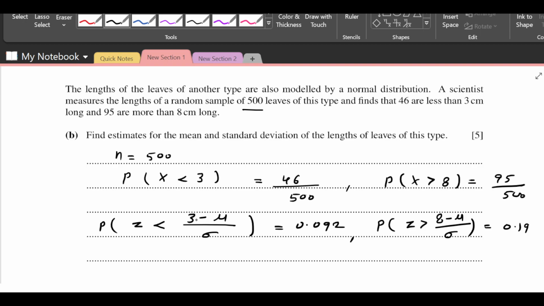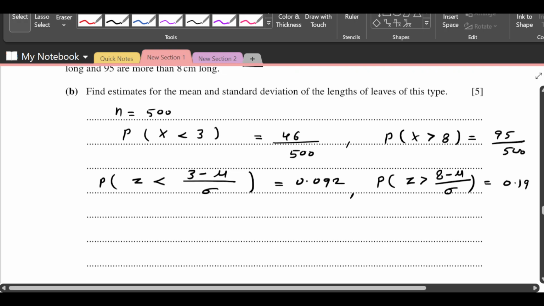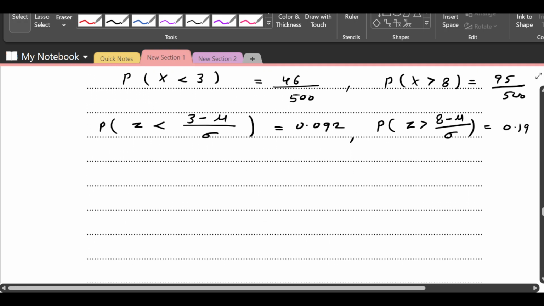I hope you understand, right? So now this is the probability.